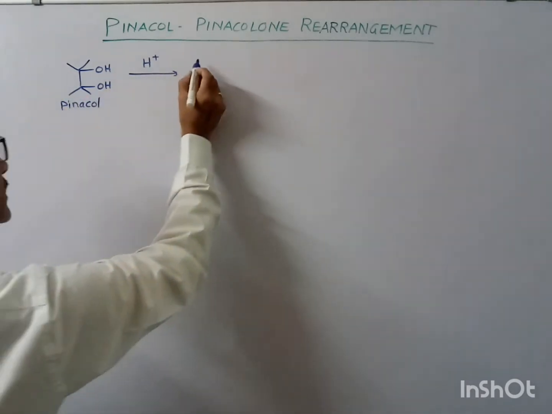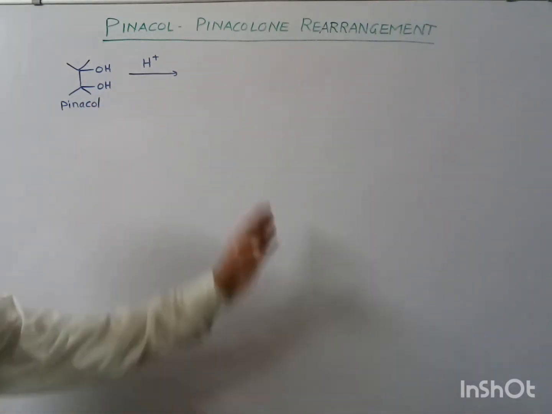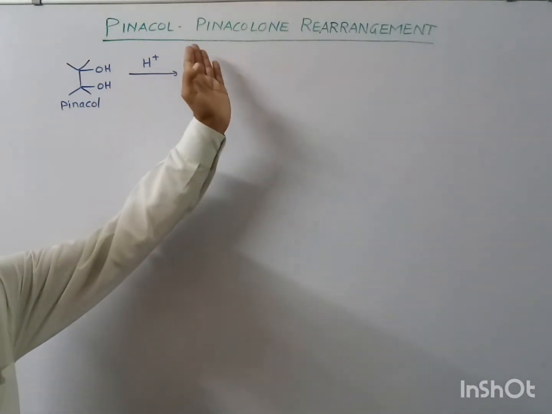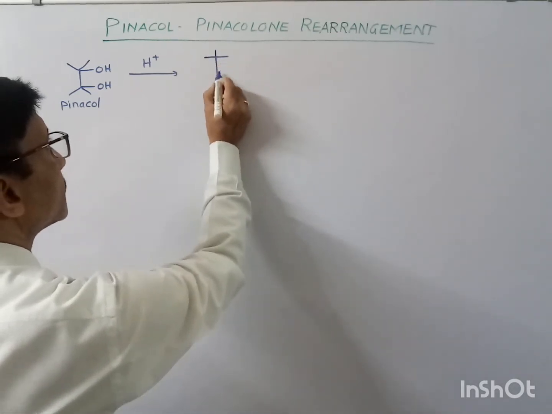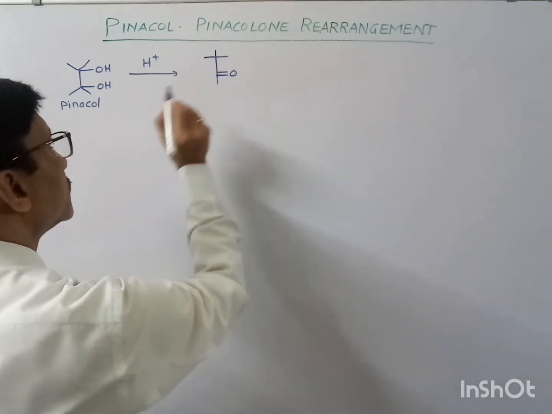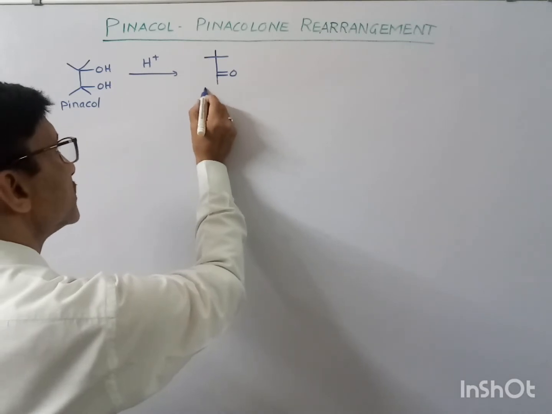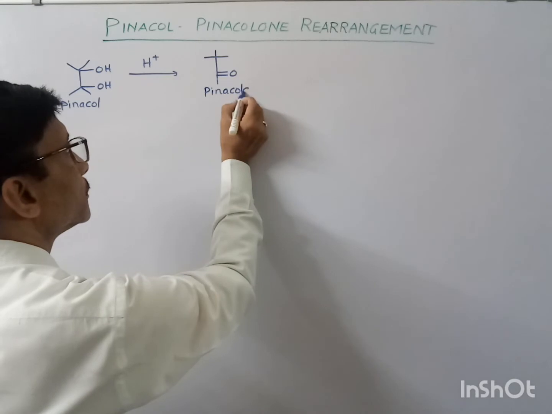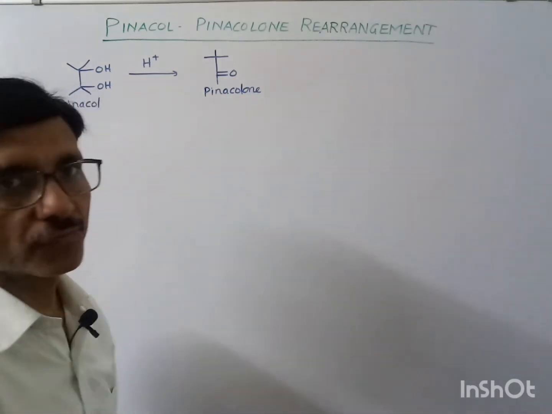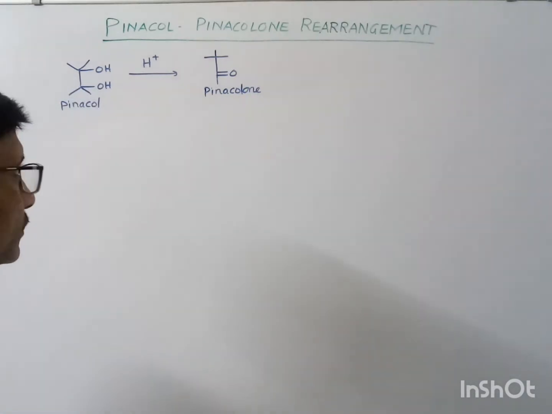In the presence of an acid catalyst, this is converted into pinacolone. This pinacolone is a ketone. So this would be converted into a ketone. Okay, so this is known as the pinacolone. This takes place with some rearrangement reaction.